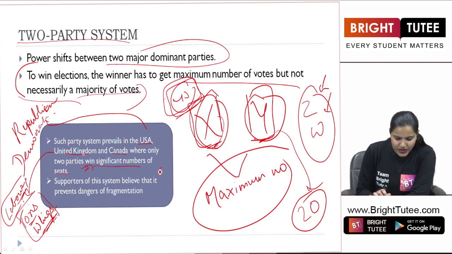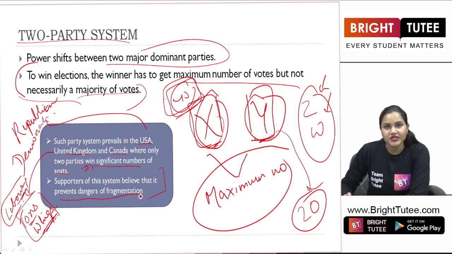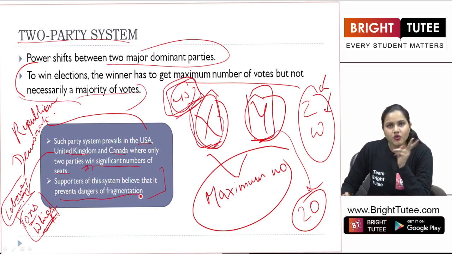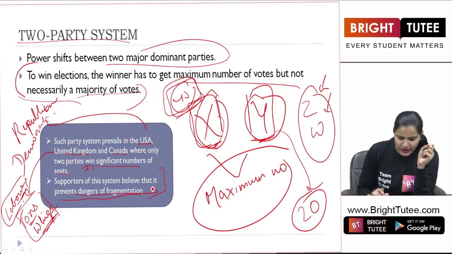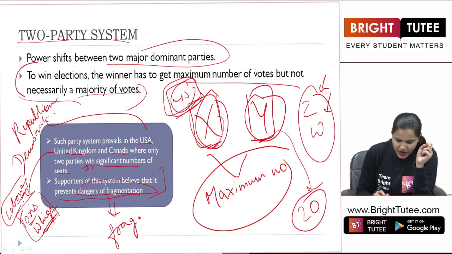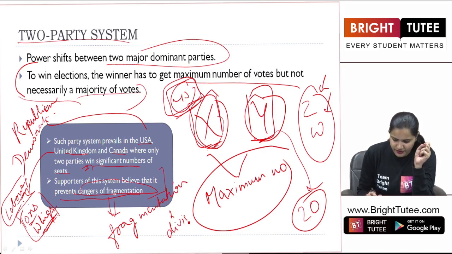Supporters of this system believe that it prevents the dangers of fragmentation. When there are two parties, they avoid this issue of fragmentation, division. In simple terms, it is division.